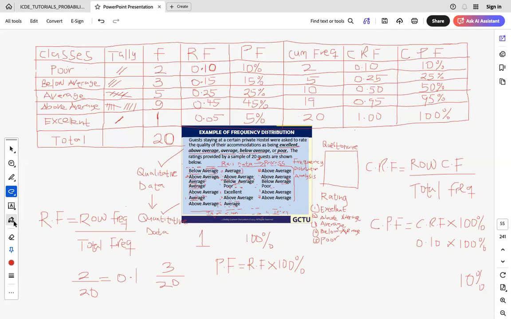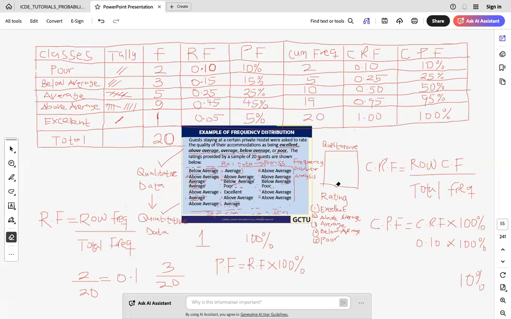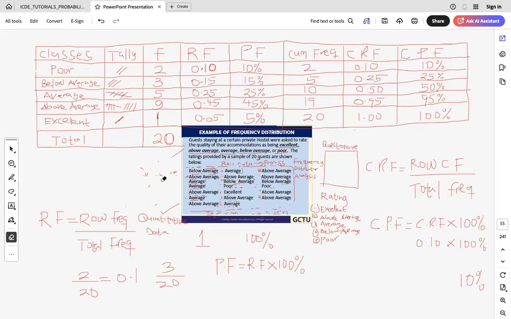And then we are now going to look at the most important aspect of what we have done, because we were given raw data about the choices of 20 guests, and they just gave their choices and they went.